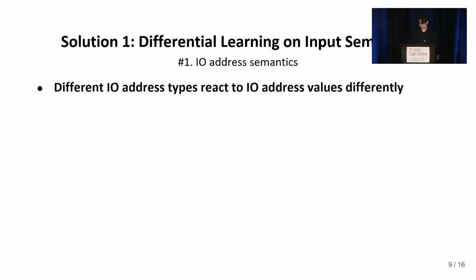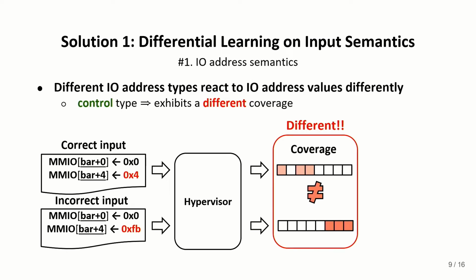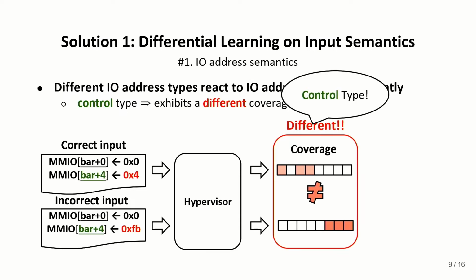So we inspect the coverage by writing different values. For the control type, the coverage appears differently depending on the I/O address value. As you can see in the figure, different coverage is captured because the different values were written to the I/O address. So we confirm this is control type.